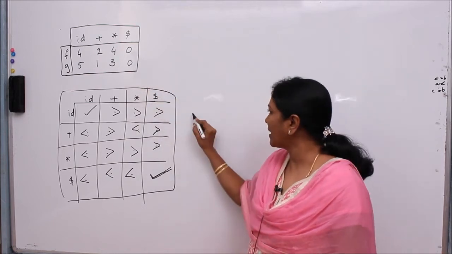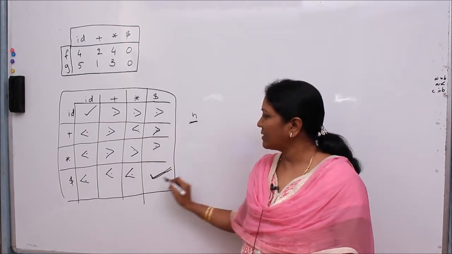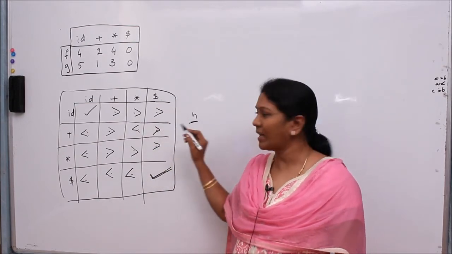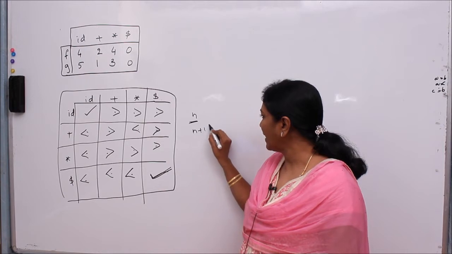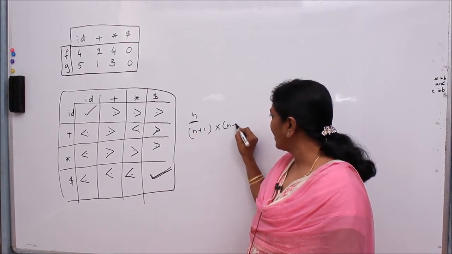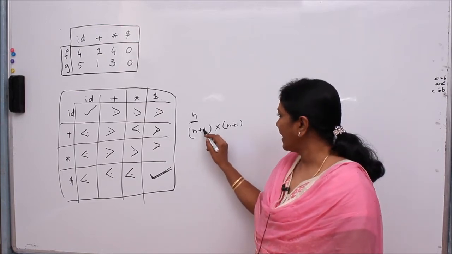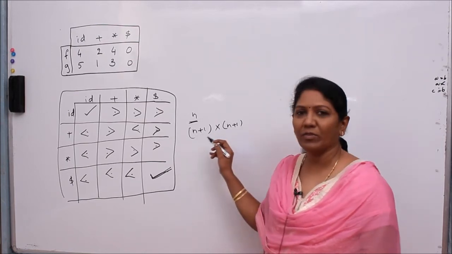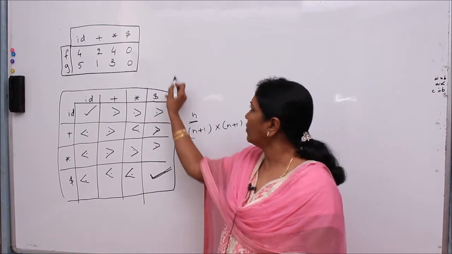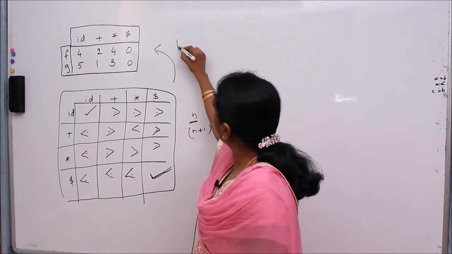For example, if there are n operators in a grammar, what will be the size of this precedence relation table? It will be n plus 1 by n plus 1. That one extra is for dollar. So instead of this n plus 1 by n plus 1, we reduce this into another table called the precedence function table.